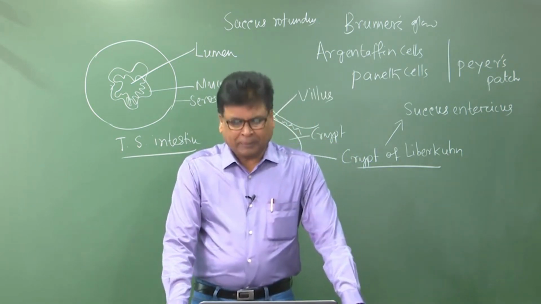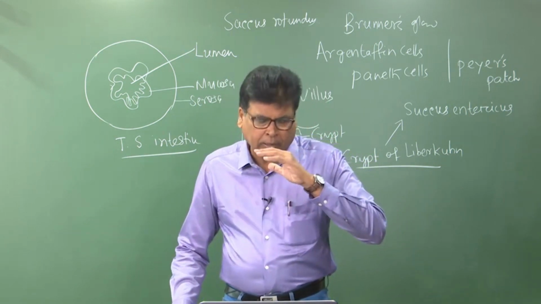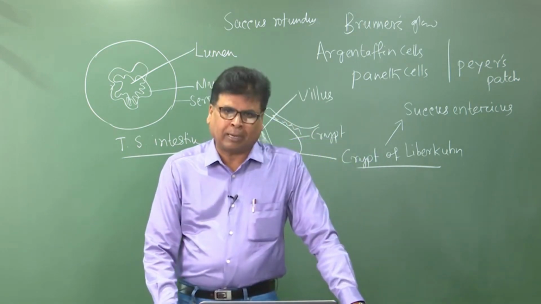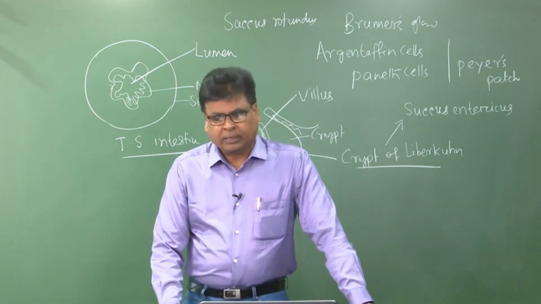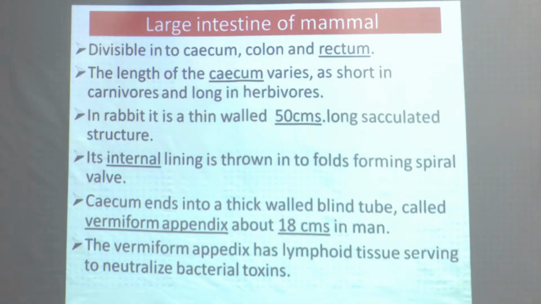So, this is the large intestine of the vertebrates. Now I shall focus on the large intestine of mammal. In case of mammal, the large intestine is divisible into cecum, colon and rectum.